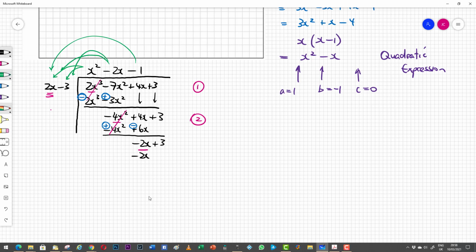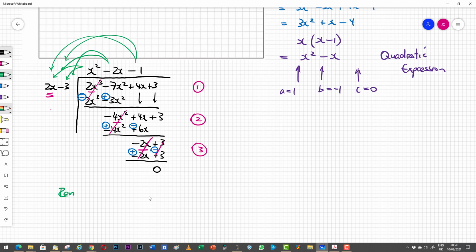I'm going to multiply the minus 1 by the minus 3 to give me plus 3. I'm going to draw a line underneath. I'm going to subtract the second line from the first line by changing the signs. The first terms will always cancel, and in this case 3 minus 3, they also cancel and give us 0 as well. So we have a remainder of 0, and we went through the same process 3 times.